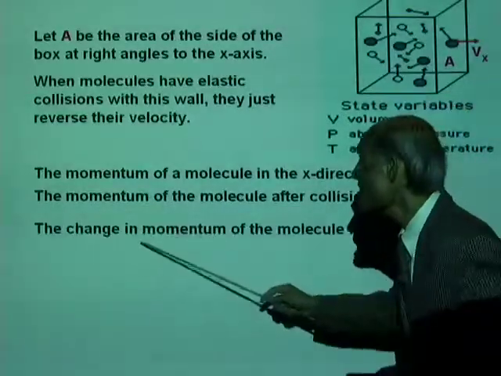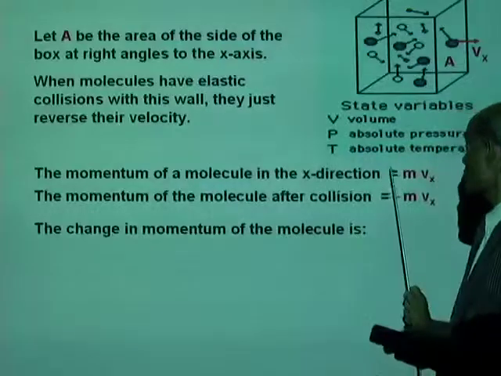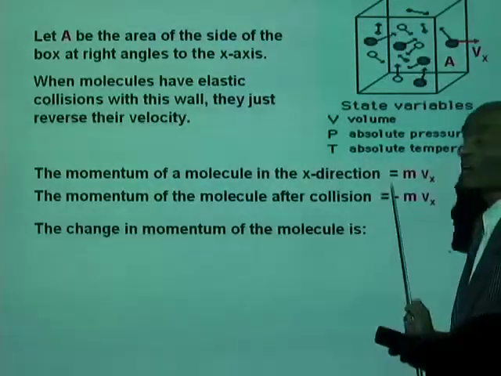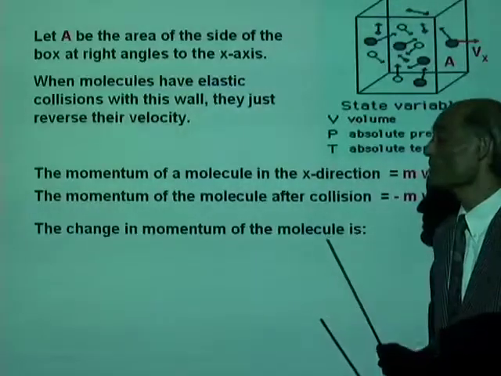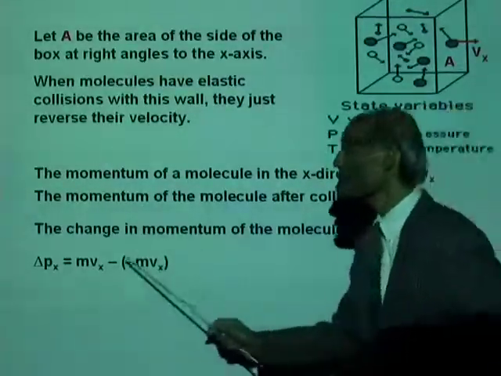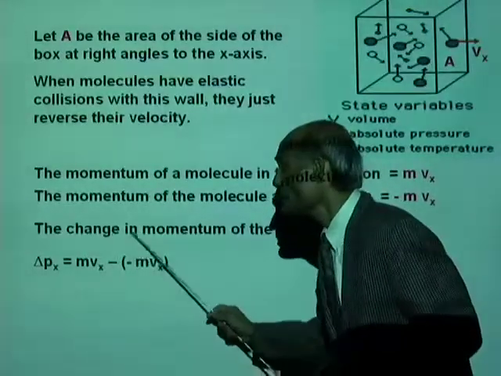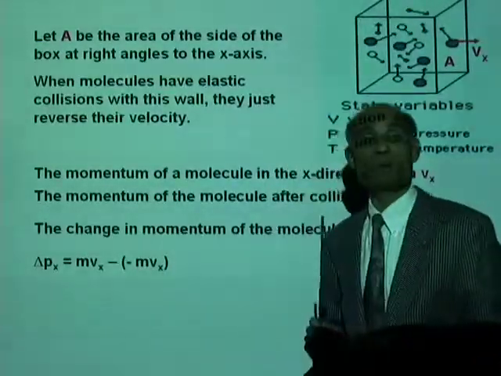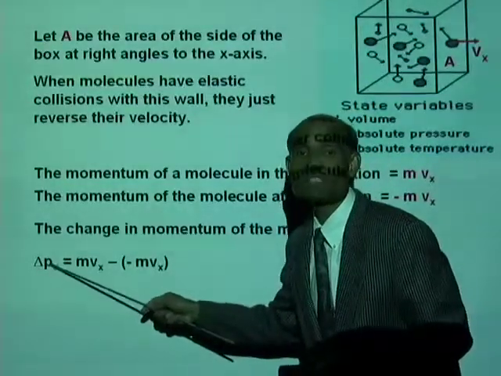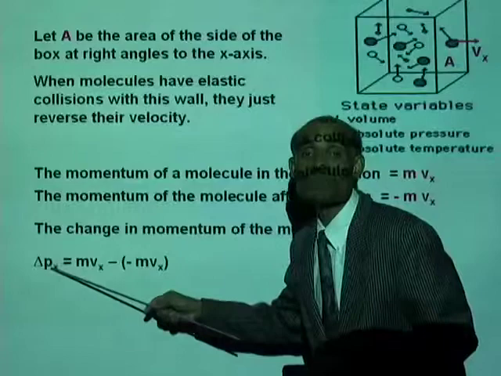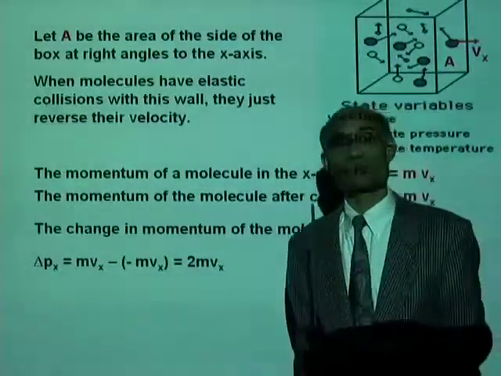Therefore, what is the change in momentum of the molecule? This is the initial momentum mvx. The final momentum is negative mvx. The change in momentum is mvx minus negative mvx. So we have delta px. What does delta px stand for? The change in the momentum, equal to 2 mvx.